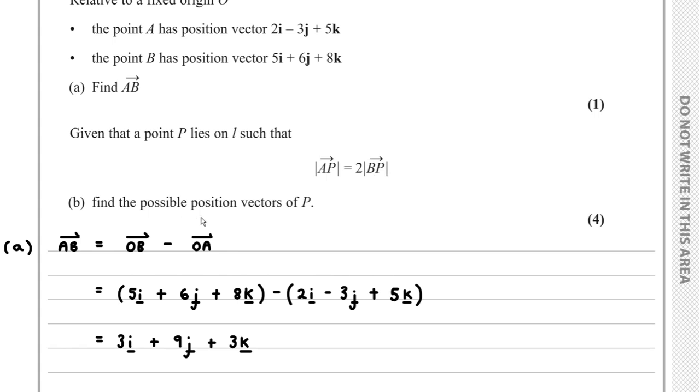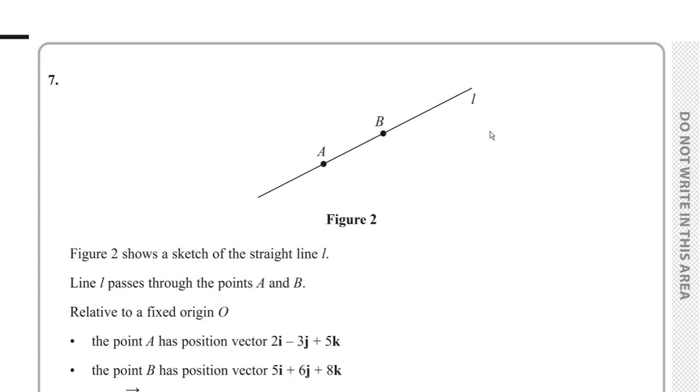For part B, find the possible position vectors of P. Now, if the magnitude of AP is twice the magnitude of BP, we could have P here, say, and then we know that AP is twice BP, so the ratio will be 2 to 1 for AP to BP.